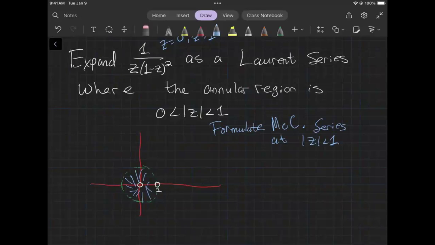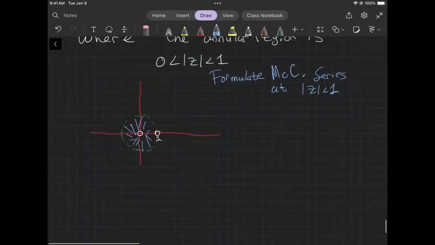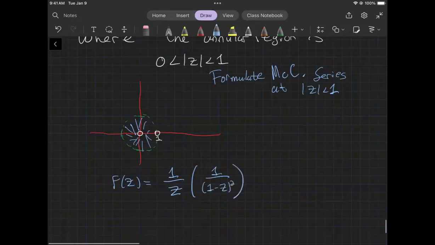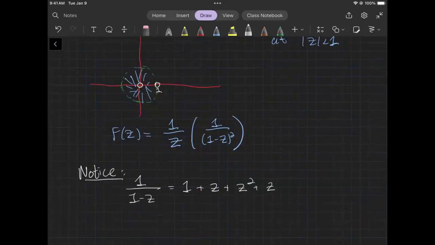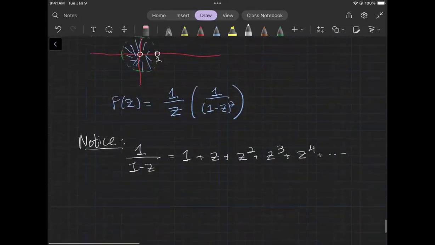If you notice, I'm going to write out the function as 1 over z times 1 over (1 minus z) squared. And notice that 1 over 1 minus z is just the geometric series: 1 plus z plus z squared plus z cubed plus, and so on, right?